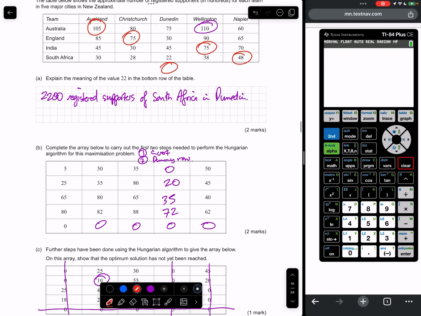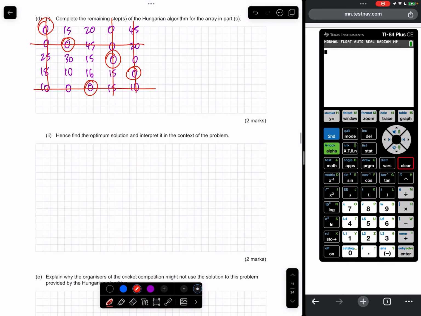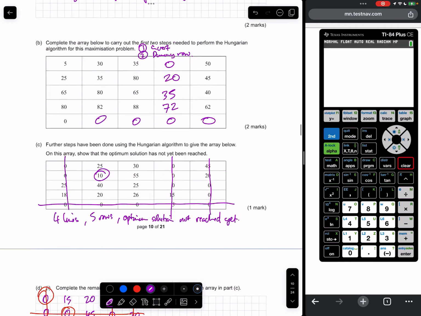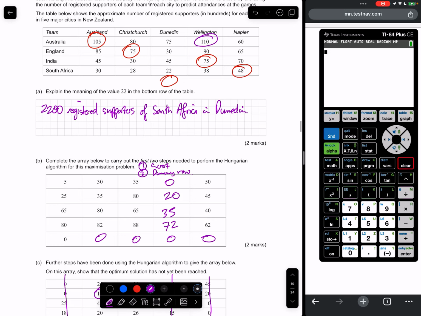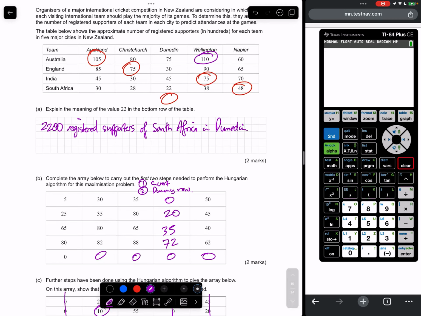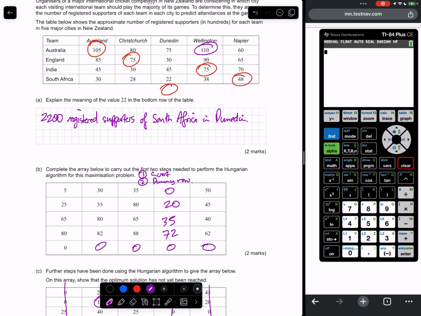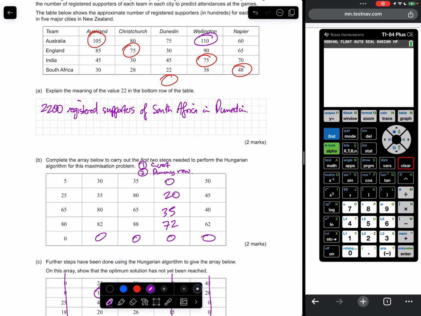We'll just write the countries: Australia, England, India, South Africa. Auckland, Christchurch. Dunedin has no one. Auckland, Christchurch, Wellington, Napier.